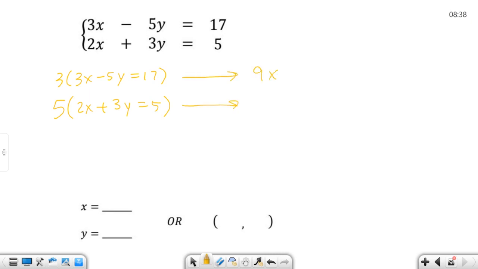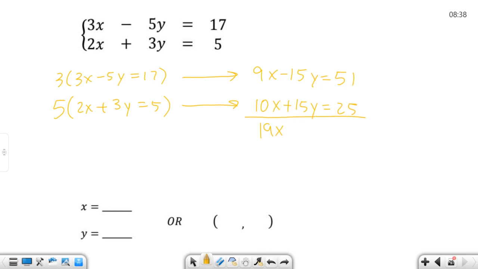So it's going to be 9x minus 15y equals 3 times 17 is 51, and then 5 times 2x is 10x plus 15y, and there we have it. That's what we were looking for, okay? Equals 5 times 5 is 25. All right? So the nice thing about it is when I add these together, 9x and 10x is 19x.